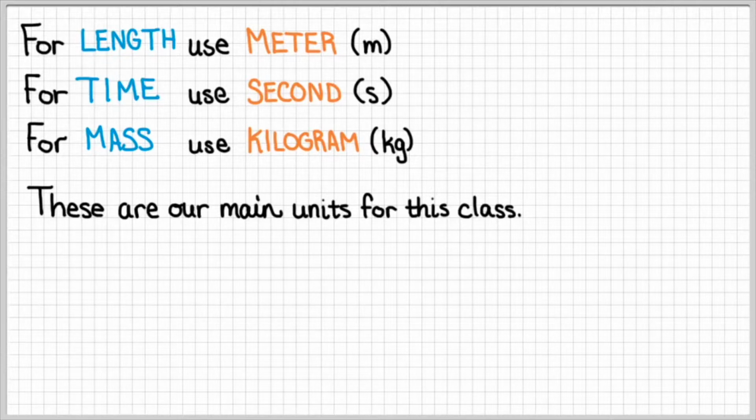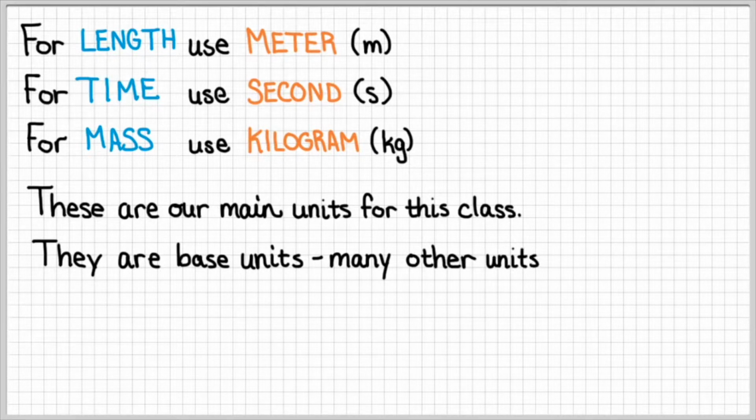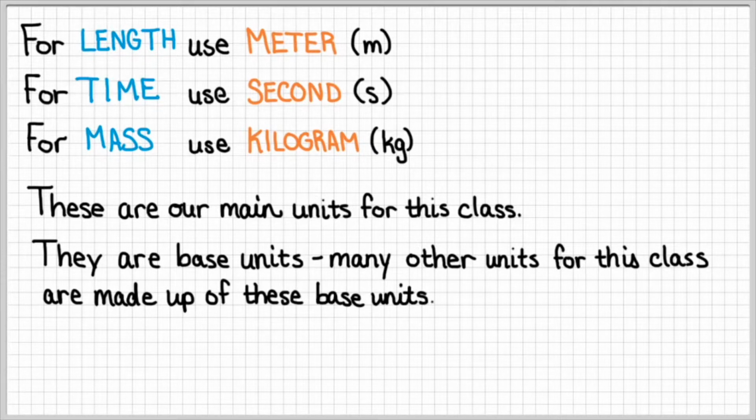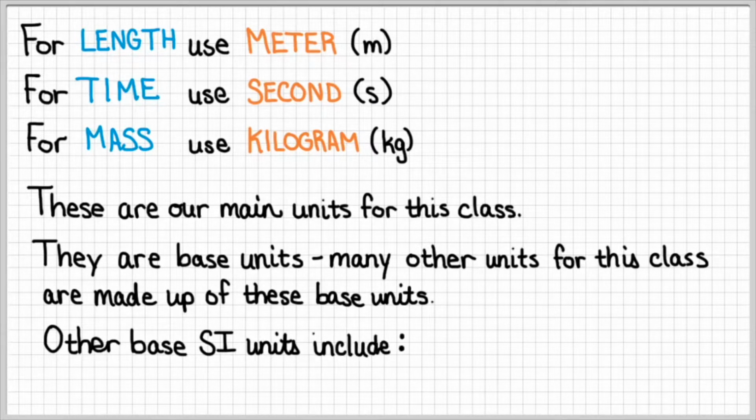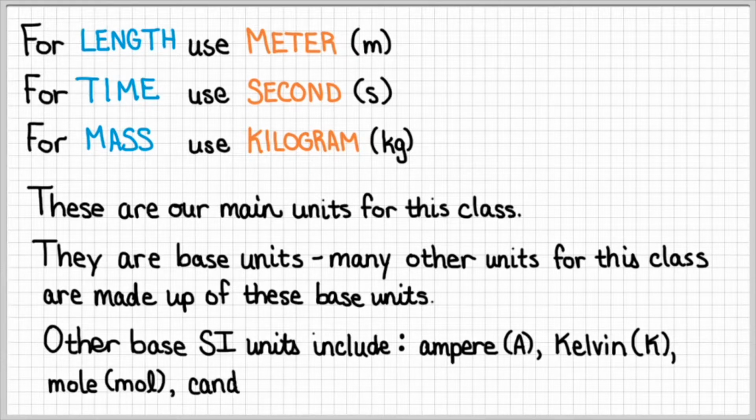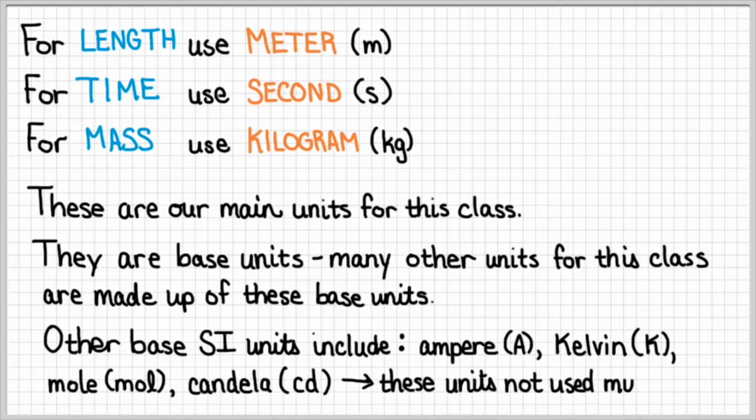By combining these units, you can make other SI units that are just combinations of these base units. And we will encounter many of these throughout the course. Some other SI units include the ampere, the Kelvin, the mole, the candela, and most of these you will encounter in other courses like chemistry or the second semester of this course.